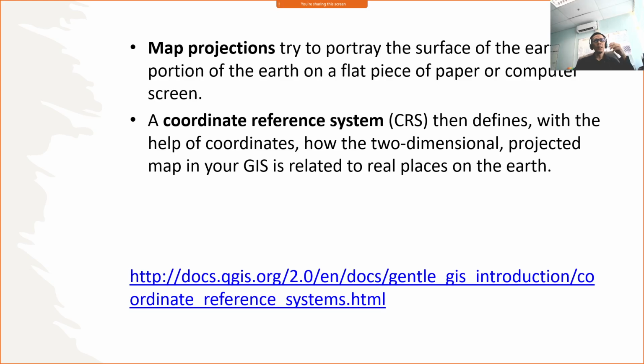So because of that, scientists have come up with a number of coordinate reference systems, and the coordinate reference system will define the coordinates and how we can project the map to a two-dimensional map that is correct and can be visualized on a flat piece of paper or on a computer screen.